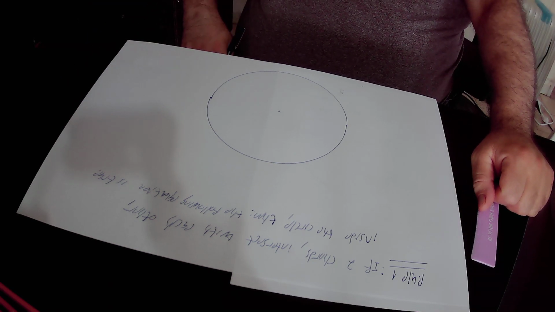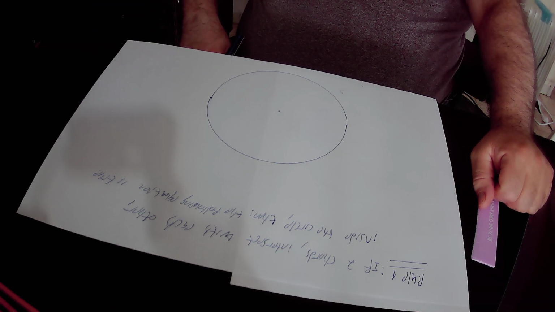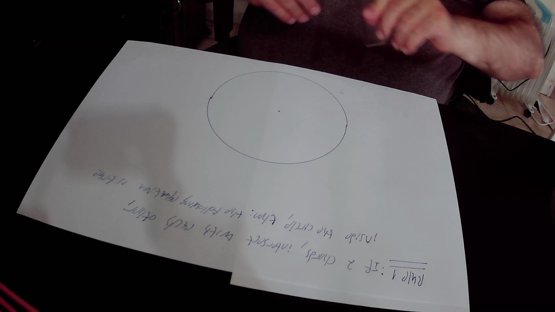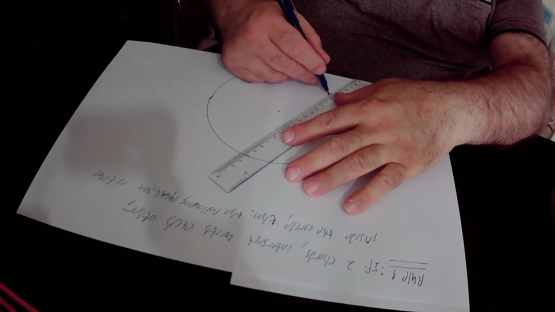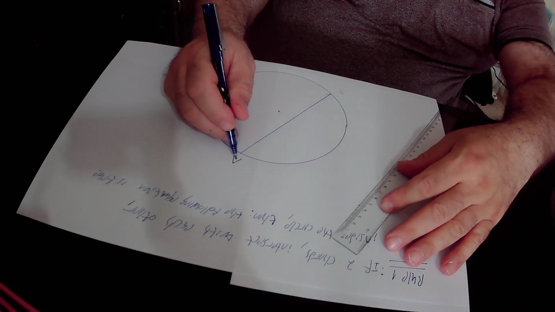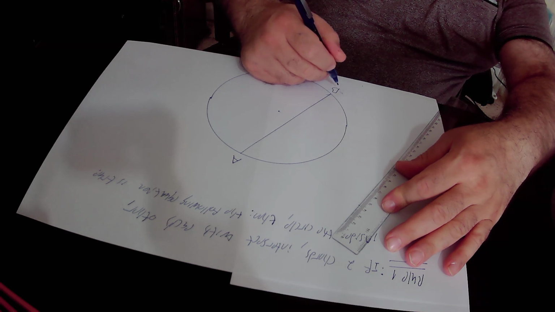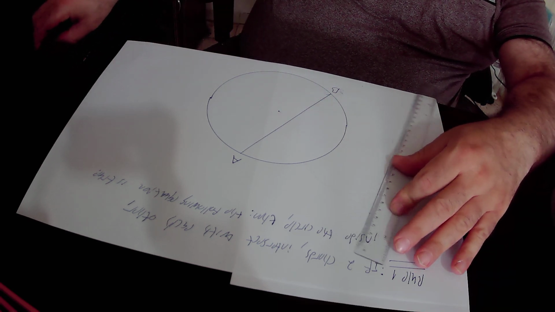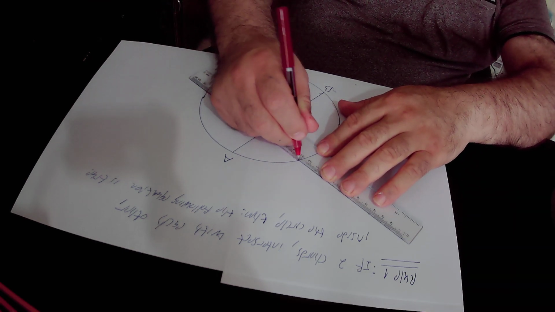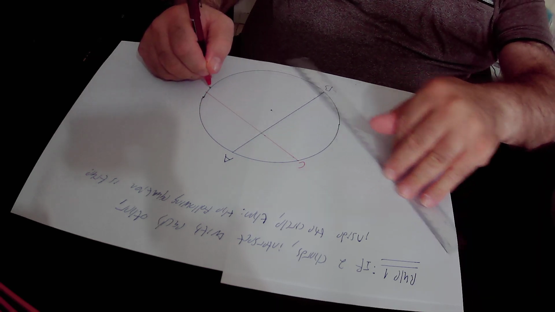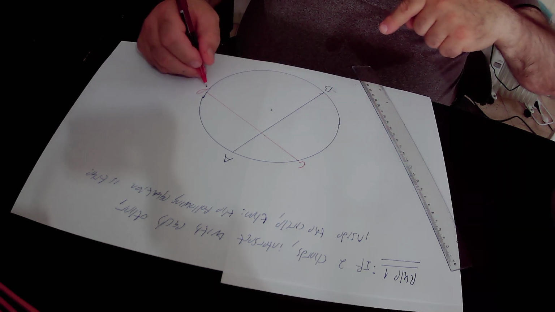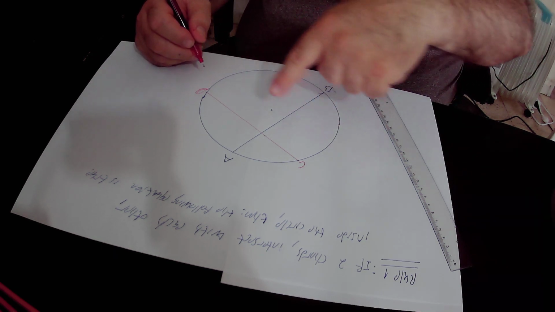If two chords intersect with each other inside the circle, then the following equation is true. We have this circle, and inside it we have chord AB that intersects with the red chord CD.